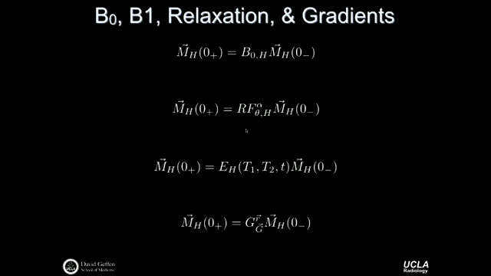So we could have an RF pulse that's going to have an effective flip angle of 90 degrees, but rather than simulating the 90 degrees all at once, we simulate a fraction of a degree, and then we allow for some relaxation by multiplying by the relaxation operator. And then we impart some B1, allow it to relax. Impart B1, allow it to relax.